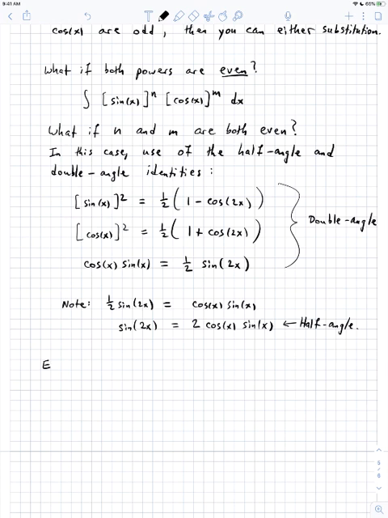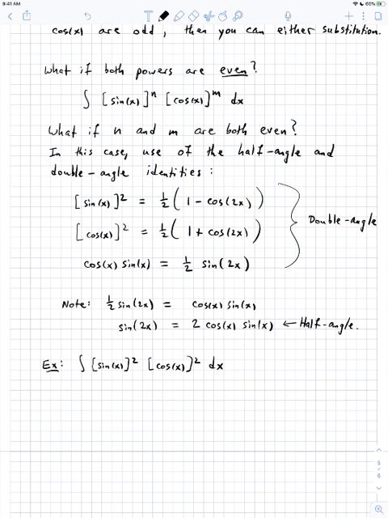As a simple example, we want to do these examples with smaller numbers, because otherwise the computations get a little bit difficult. So let's say that we have sine x squared times cosine x quantity squared. Here both of the powers are even, so we can't use our first technique, but we can use these double angle identities.